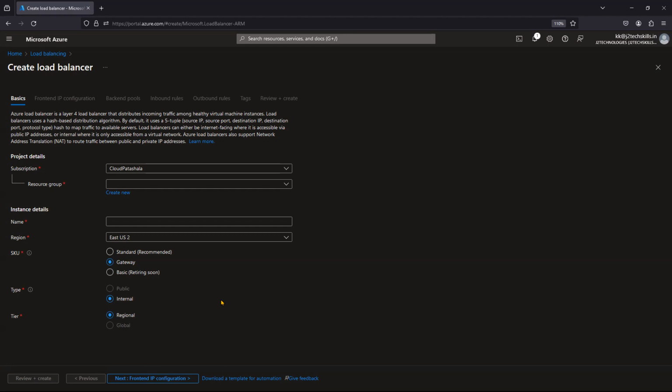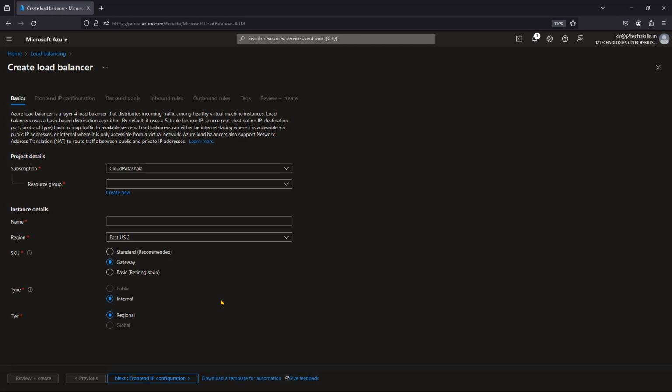Okay. And coming to some scenario questions. Suppose I'm using my internal load balancer. I deployed it, and I added a virtual machine to the backend. Before adding, when I access the virtual machine with the private IP address, even though that virtual machine doesn't have a public IP address, I check the internet access and it's working.